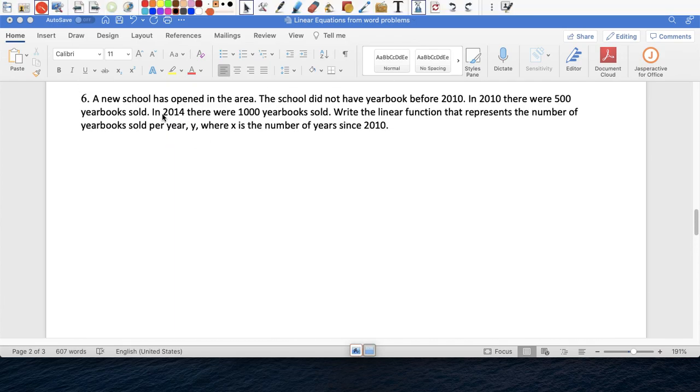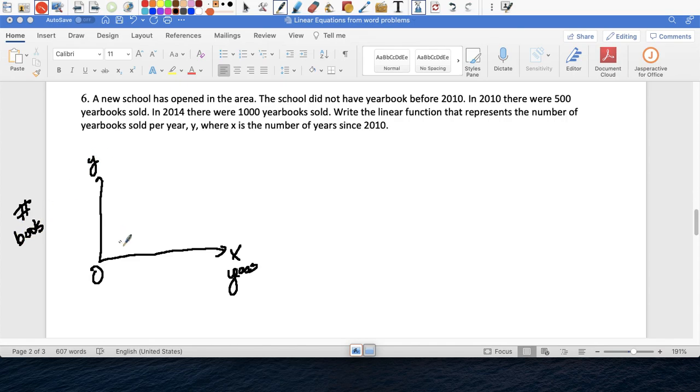A new school has opened in the area. They don't have any books. But at the very beginning, 2010. So when you do your x-axis, and this is years, and this is the number of books, right? You don't write 2010 here.